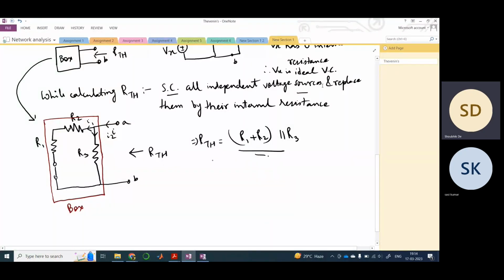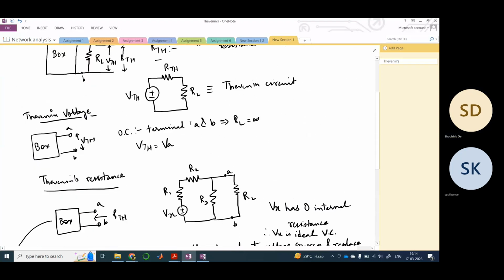This is how you calculate RTH, the Thevenin equivalent resistance, right? And here we saw how to calculate VTH.